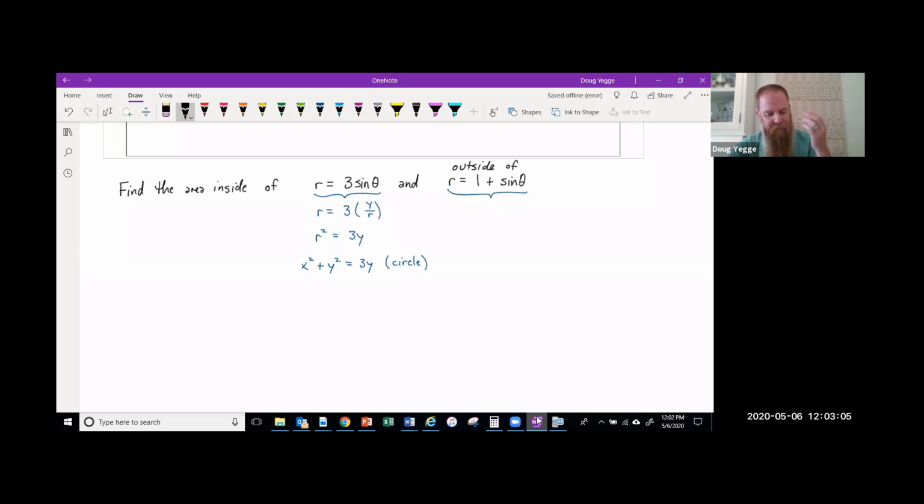So in some way or another, we've got to get an idea about which is which. So it's inside of 3 plus sine theta, but outside of this shape.